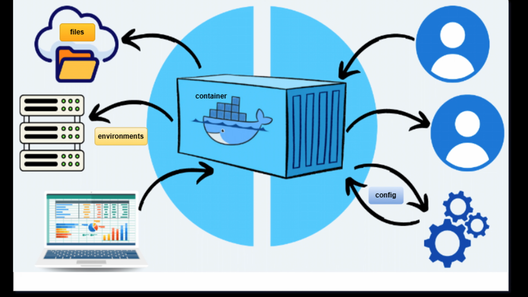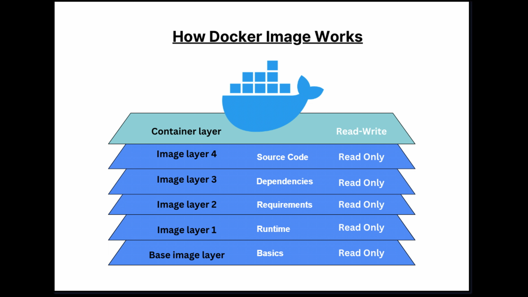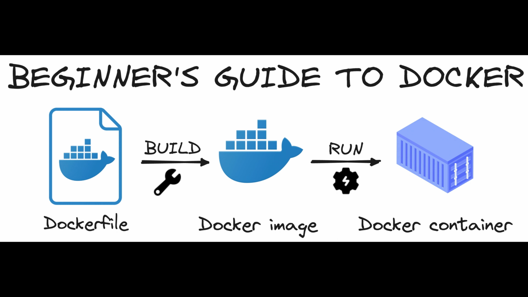Dear viewers, in the second last session we discussed a lot about containers, all the detailed containers you have been provided in a single video. And in the last session we discussed in detail how a Docker image works, all the layers of the images, and we know very well that the source of a container is an image and the source of an image is a Dockerfile.